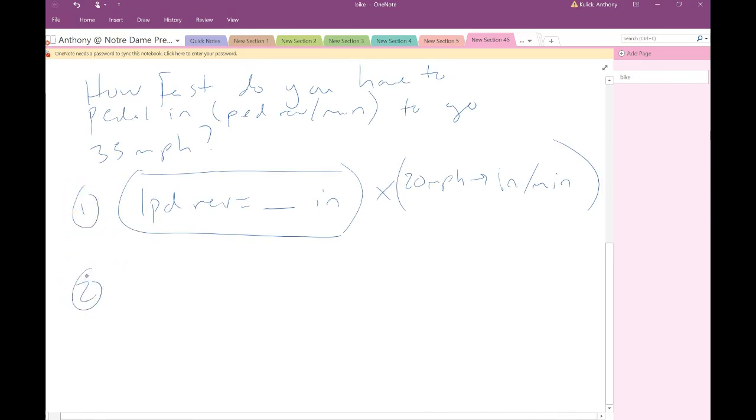A second way of doing it would just be in one big long unit conversion. So you could just start with 35 miles over 1 hour and multiply by ratios until you get pedal revs per minute out the other side. So we could start by converting hours to minutes and then miles to inches.